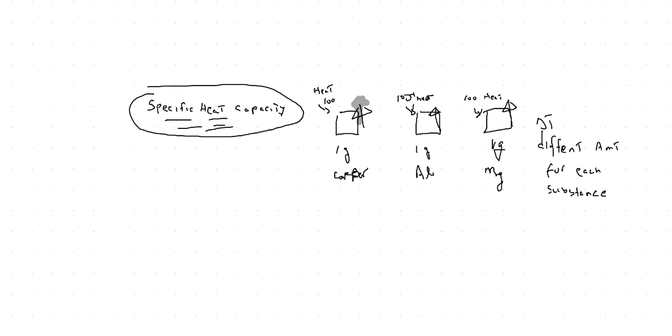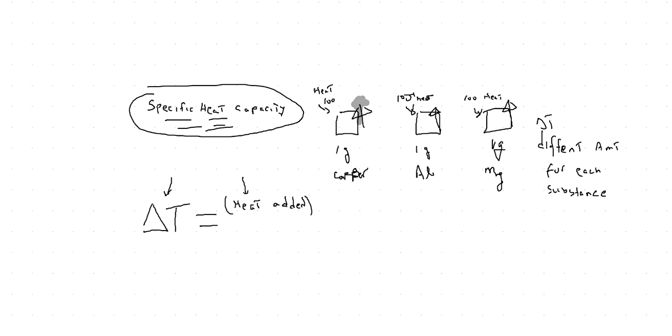Let's try to do this in words. Delta T for the system is going to change depending on how much heat you add. The more heat you add, the greater the temperature goes up, so they're proportional to each other.